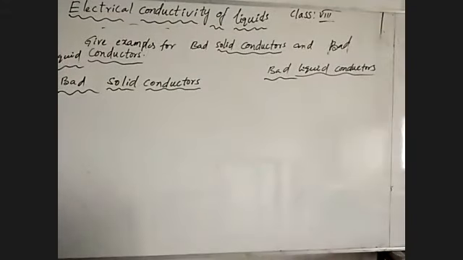The substances which do not allow electric current through them, those substances we can call bad conductors. By using which substance we do not get glowing of the bulb, those we can consider bad conductors.